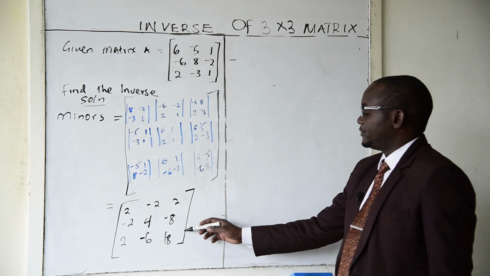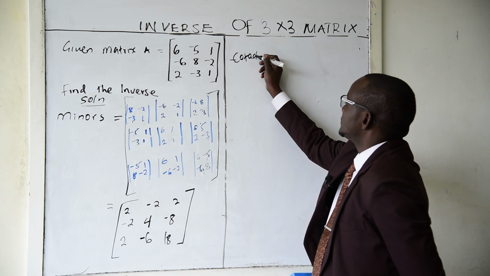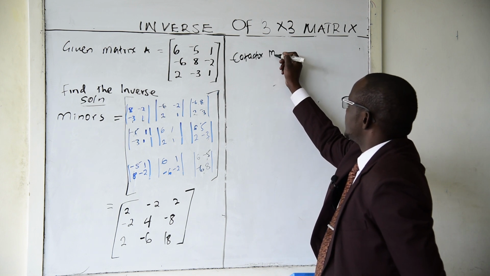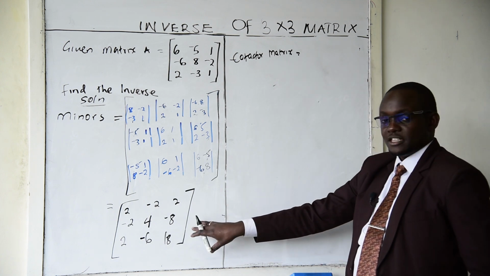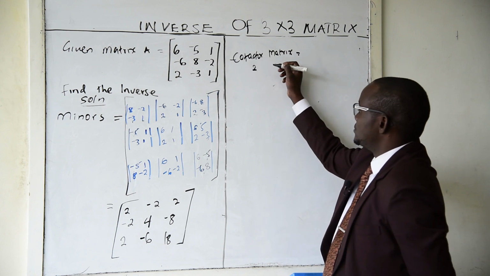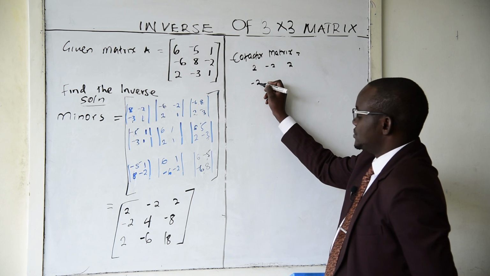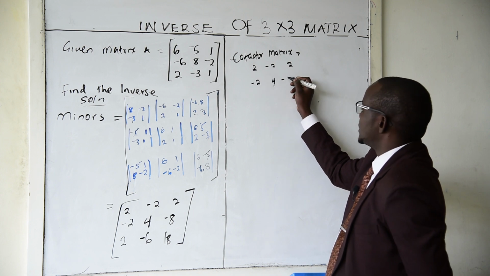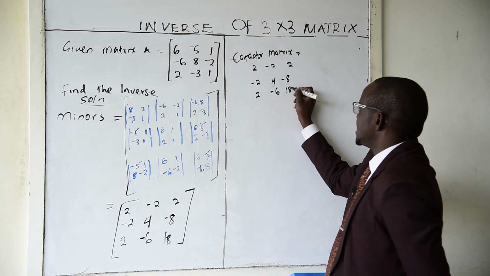So the next step from here is to get what we call a cofactor matrix. To get a cofactor matrix, you take this matrix and you multiply with the identity signs. So we have 2, negative 2, 2, negative 2, 4, negative 8, 2, negative 6, and 18.